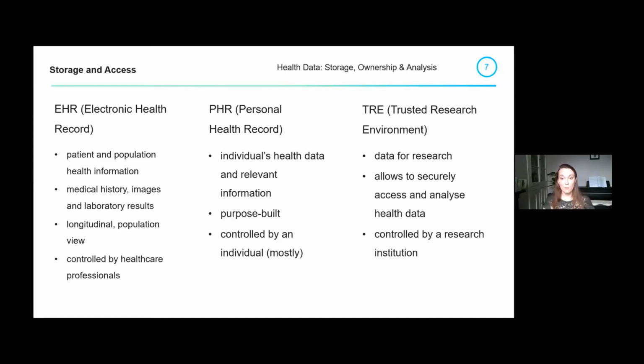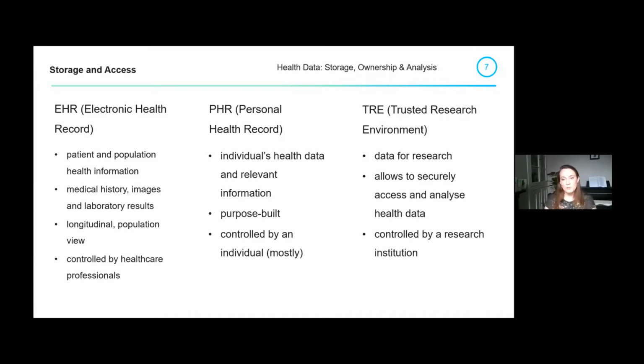So they are mostly in control of it, at least what they see. These technologies tend to be purpose-built with a variety of features to fit the needs of specific groups of patients. As you can imagine, the needs of patients with diabetes would be very different to those for patients with mental health issues. So quite different again.